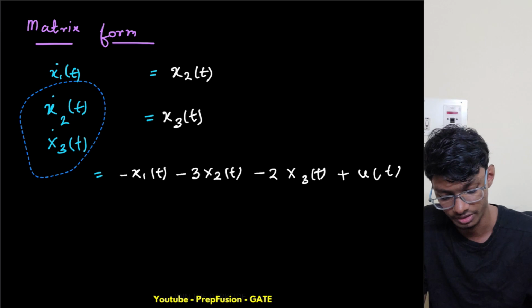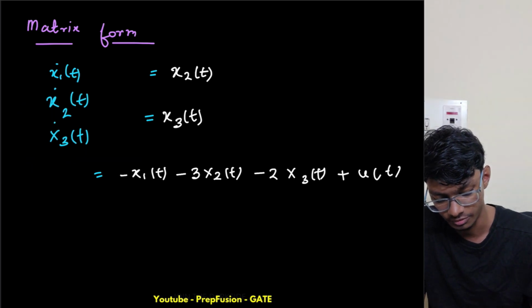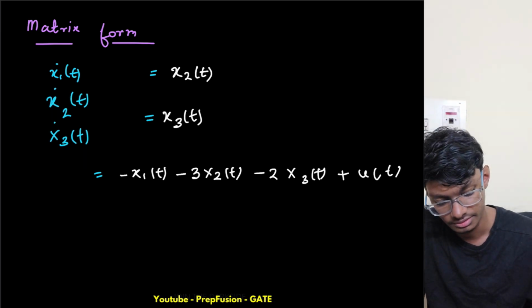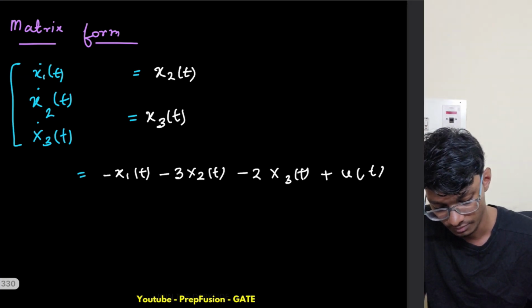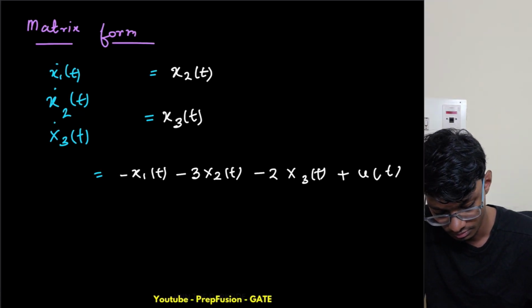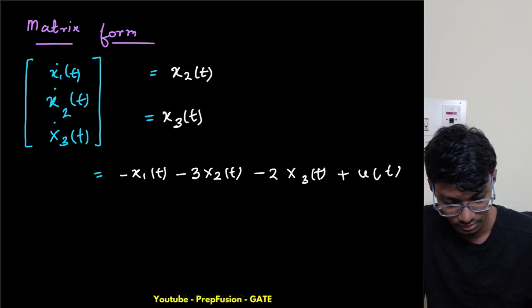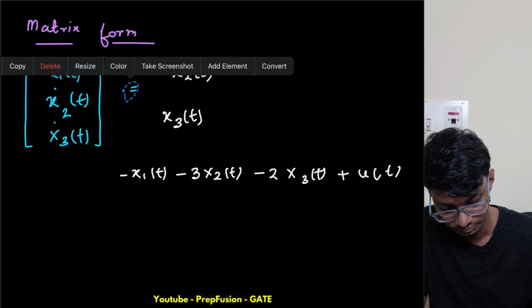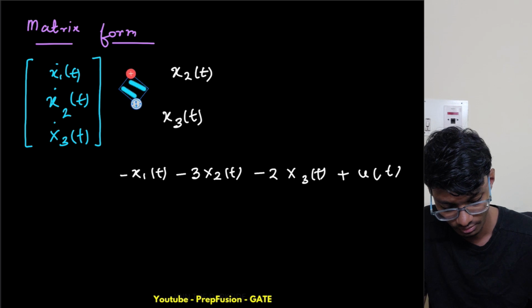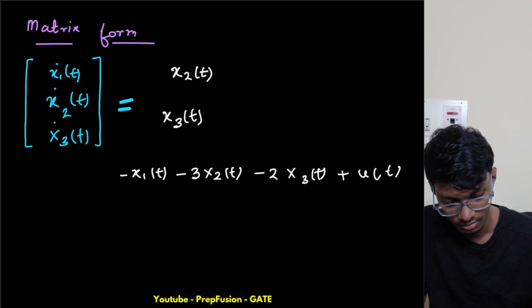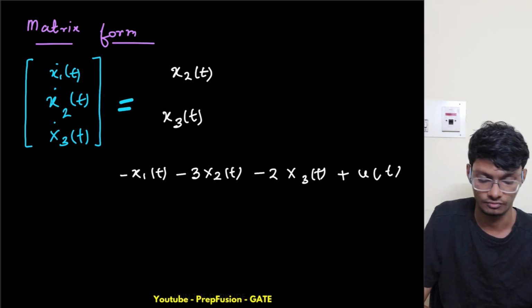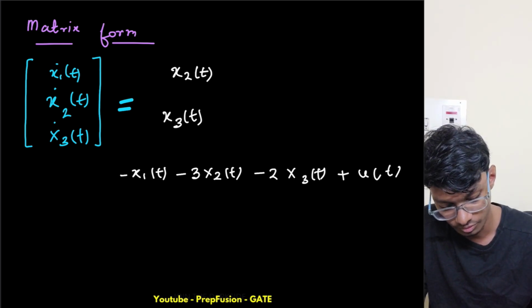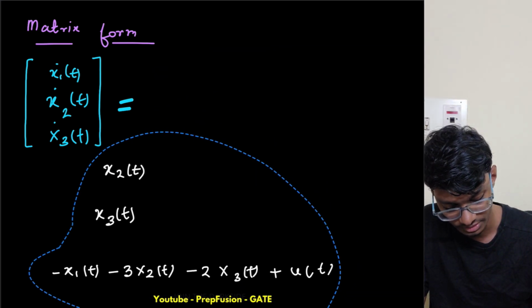For me it's just copy and paste, and I also have to move things around, but you have to rewrite it again. So this is x1 dot of t, and we'll have only one equals sign, and then the coefficients of all this. I will put this down below for my reference.